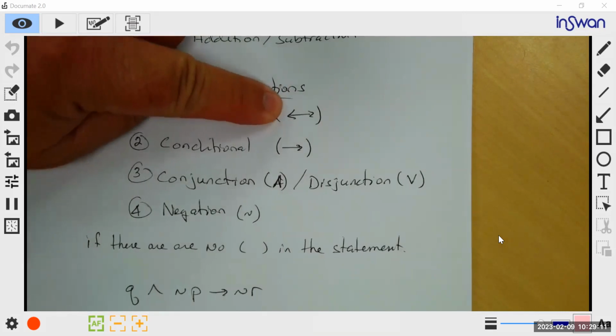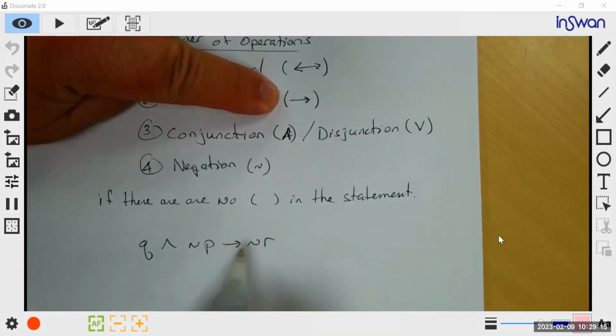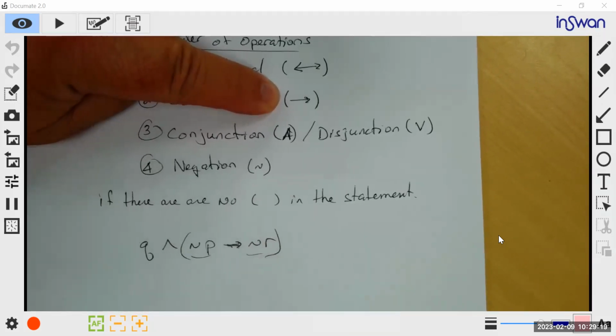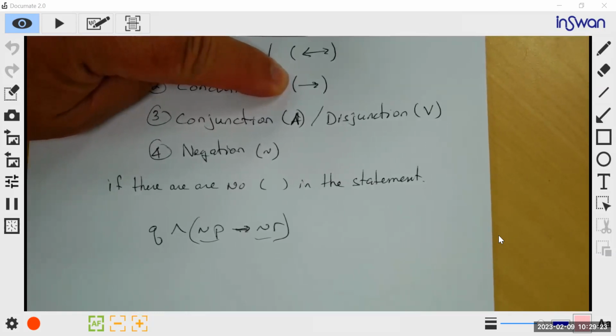Top down. Are there any biconditionals? No. Are there any conditionals? Yes. So we have to do this to this. So that's where the parenthesis goes. You put parentheses around what you have to do first.